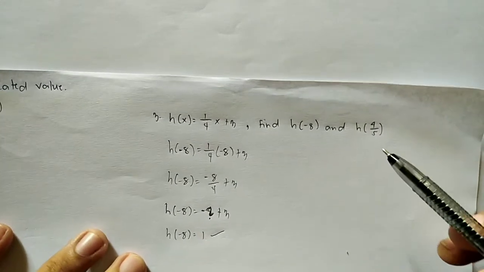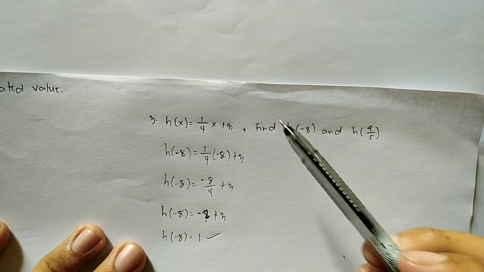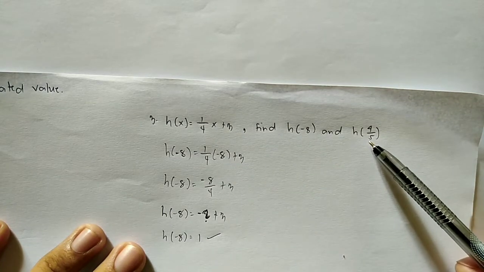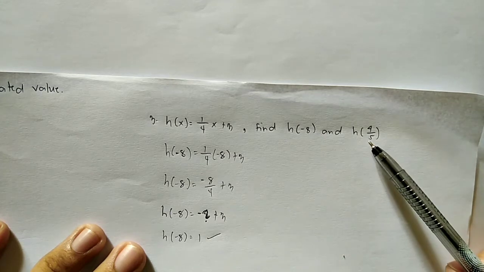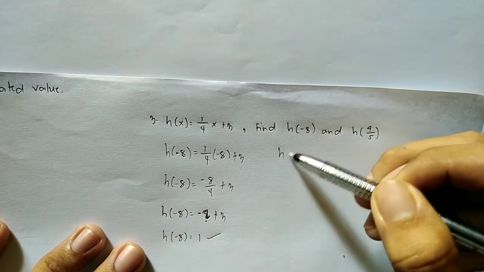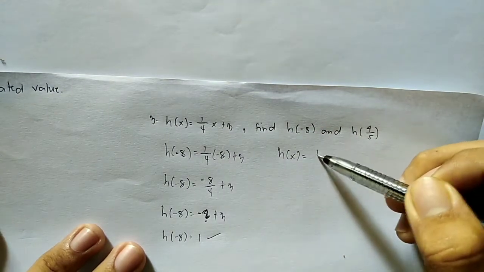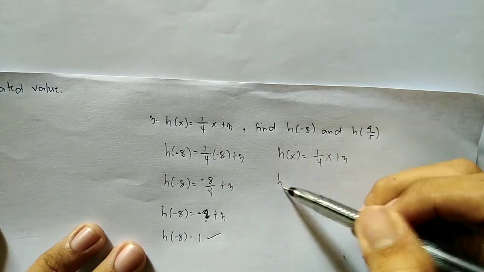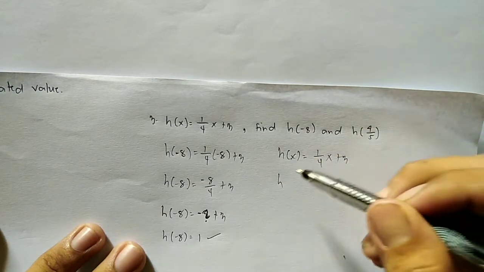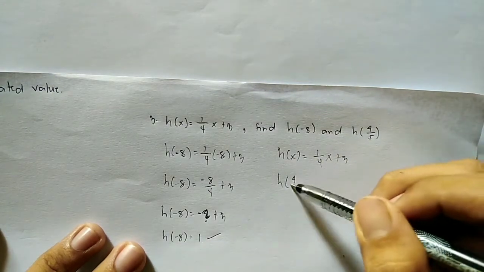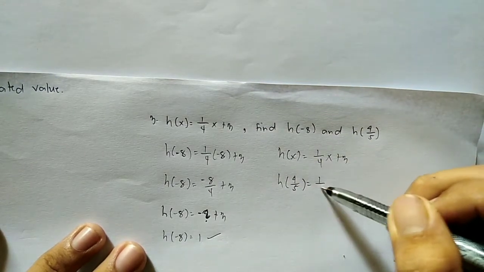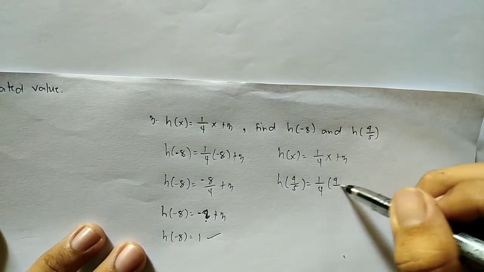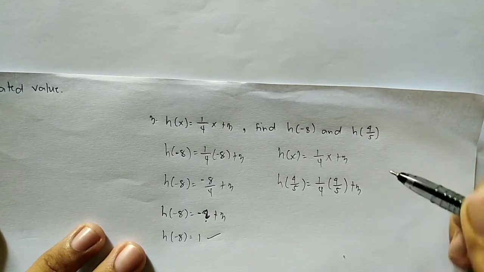Okay. So let us evaluate the function using the other indicated value, which is 4/5. We rewrite the function again, h of x equals 1/4 x plus 3. The indicated value is 4/5, so again we replace the variable x with 4/5, then plus 3.